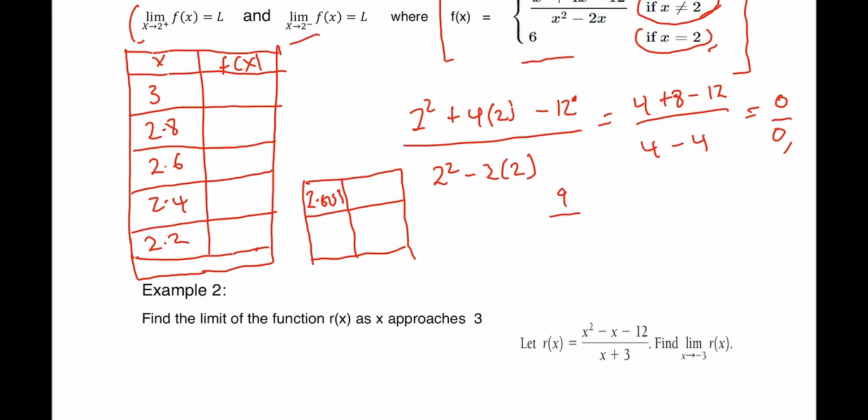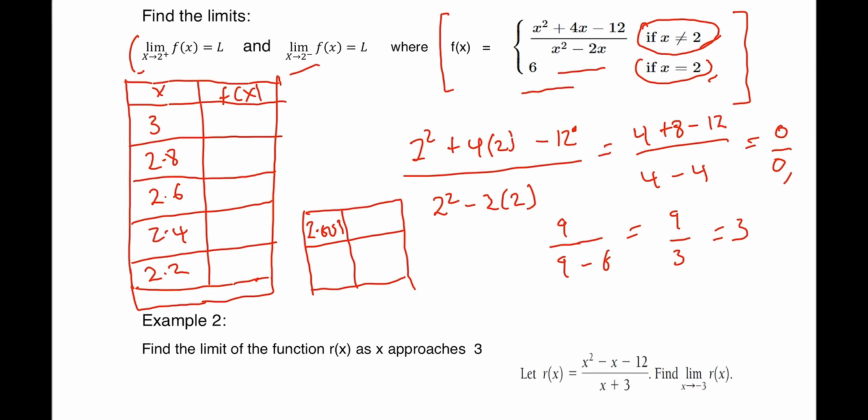The denominator is 3 squared, 9, minus 2 times 3, which is 6, so we get 3. So 9 over 3 gives 3. When you put 3 into this function, we get 3.